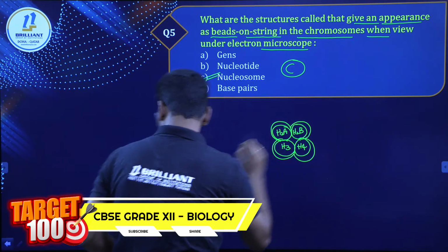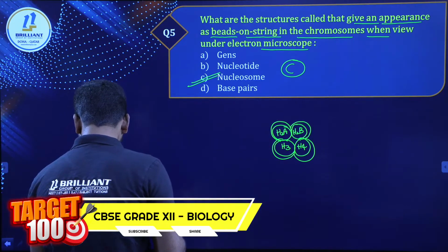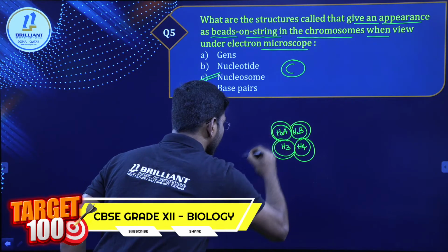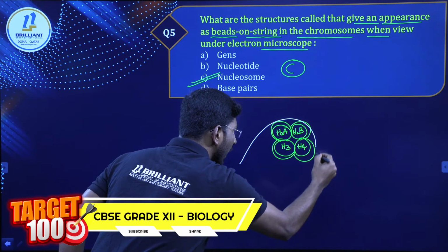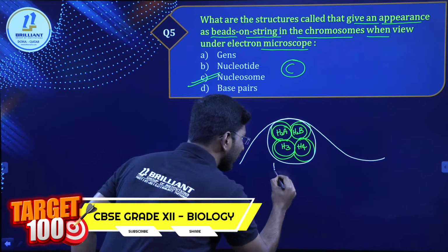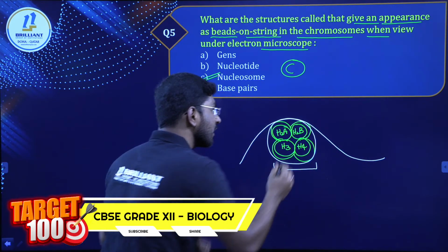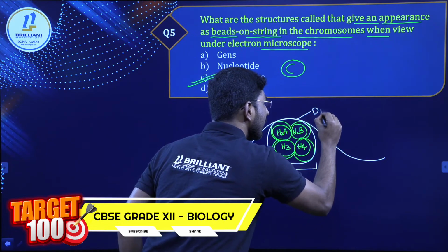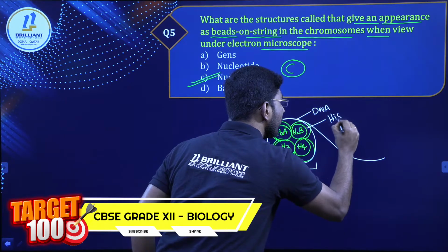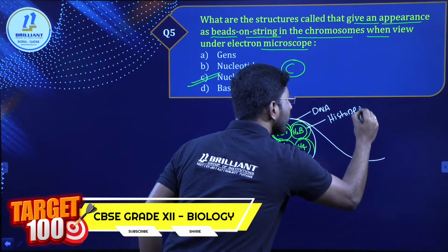Now here, which one is going to wrap here? DNA. Look at here. DNA will come, wrap around and go. So in this complete structure, DNA is there. Next, what else is there? Histone proteins are also there.